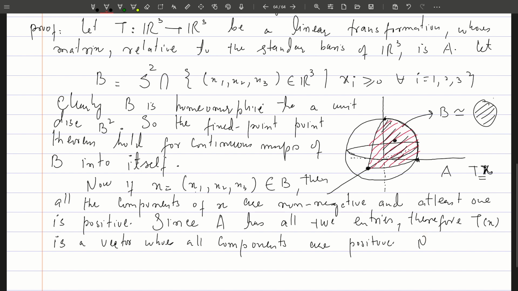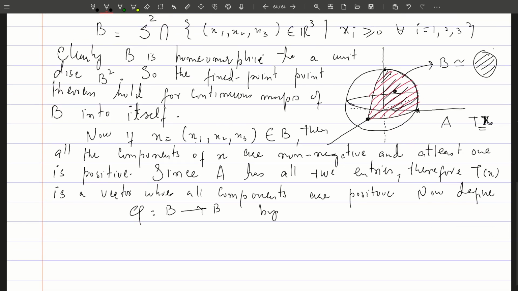Now define phi from B to B by, so this phi takes an element y in B and it maps it to the element y over norm of y.